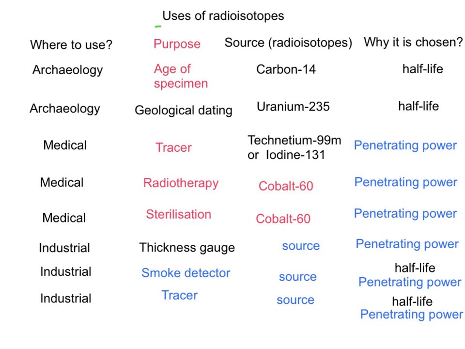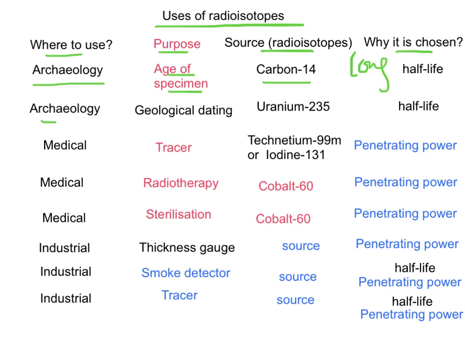Let's summarize use of radioisotopes. In the area of archaeology, used to estimate the age of specimens, the source is carbon-14, which has long half-life.